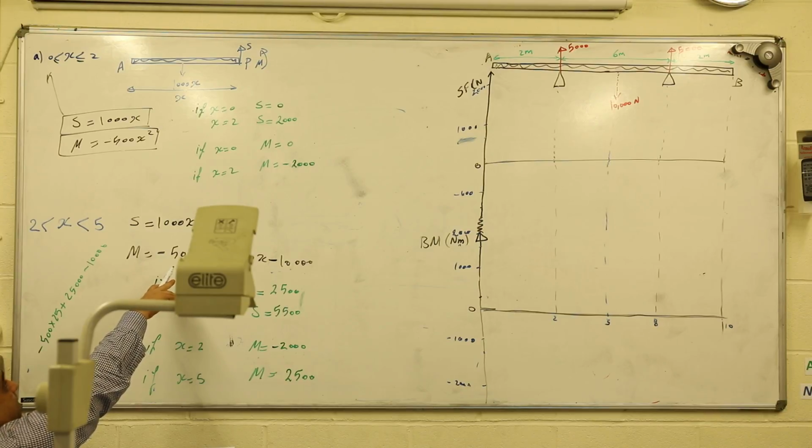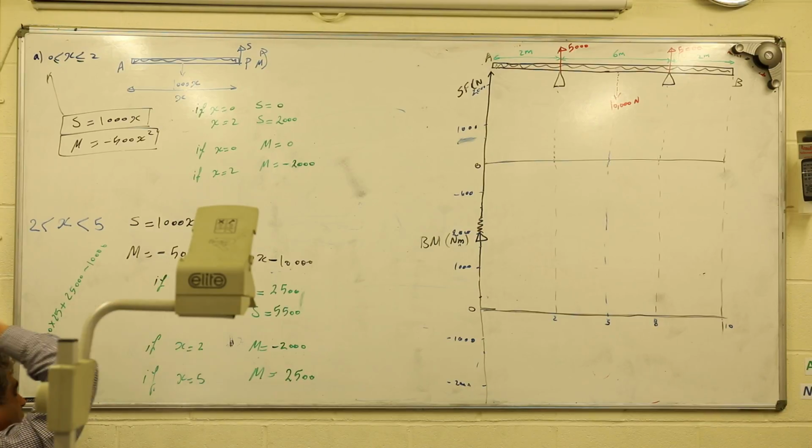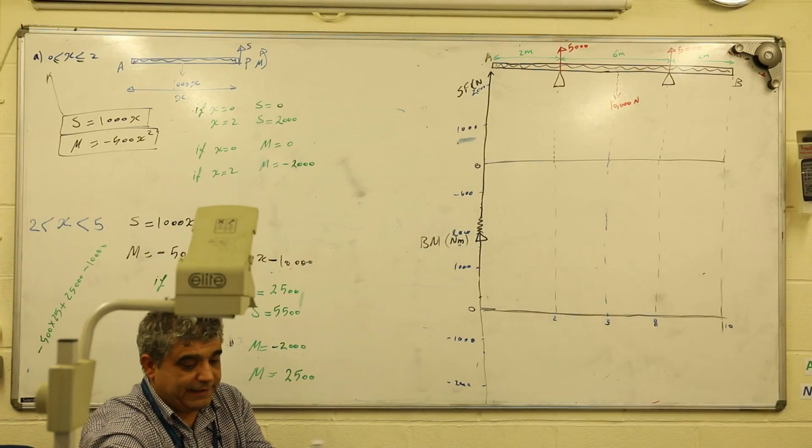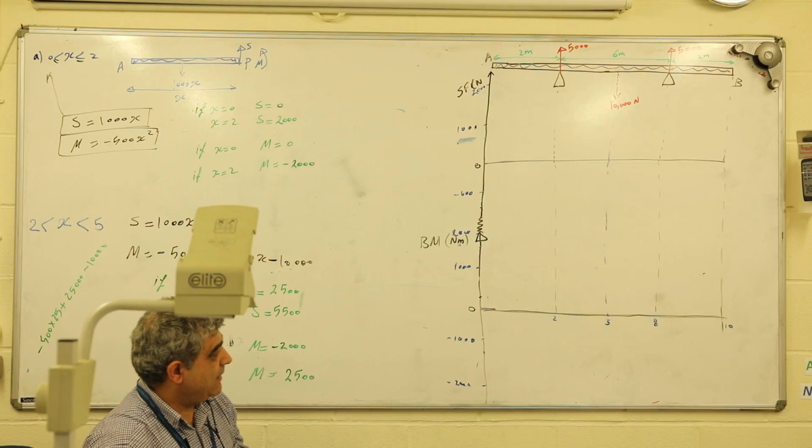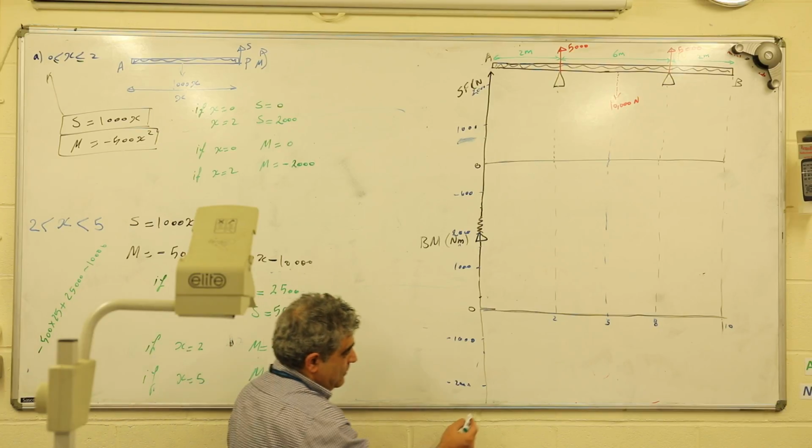Did I do right? When they go to the other side, should be negative, isn't it? Yeah. Right. So we get 2,500, yes? Okay, 2,500. Now, you got all the values, and let's draw it, yes? Is it 2,500? I got 2,000. Can we go to the 2,500?